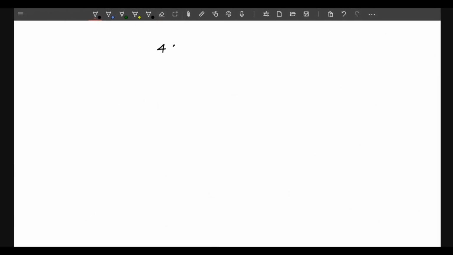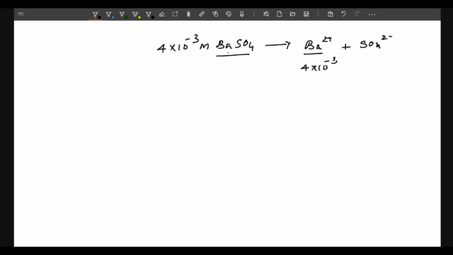4 into 10 power minus 3 molar concentration of barium sulfate is present. Since it is a sparingly soluble substance, it's completely ionized to barium ion and sulfate ion. This is the solubility. And what is the concentration of this? It is completely ionized. Therefore, its concentration is 4 into 10 power minus 3, and its concentration is 4 into 10 power minus 3.